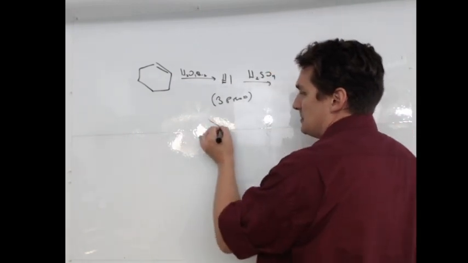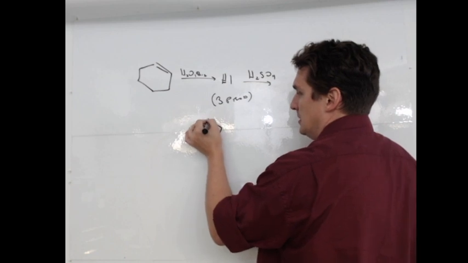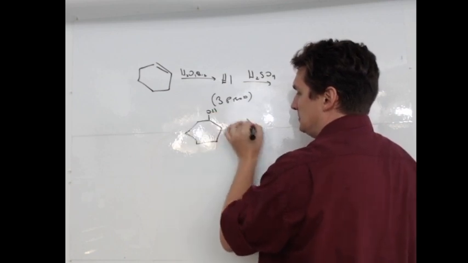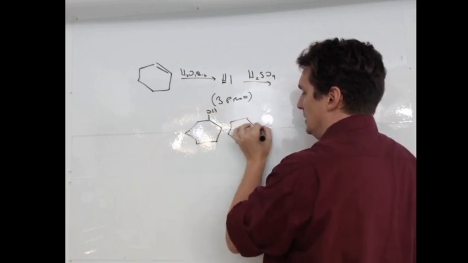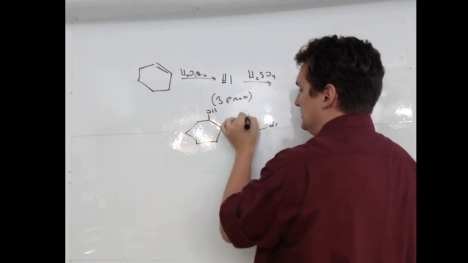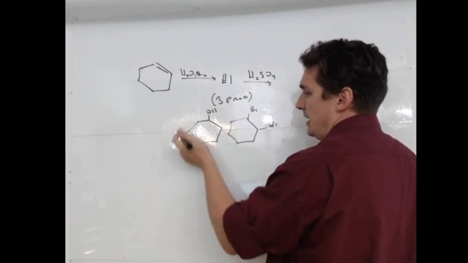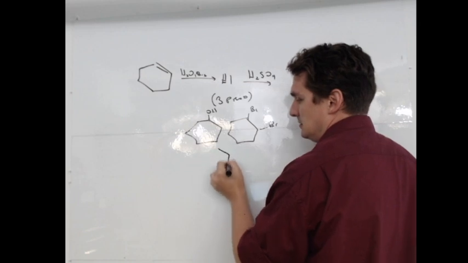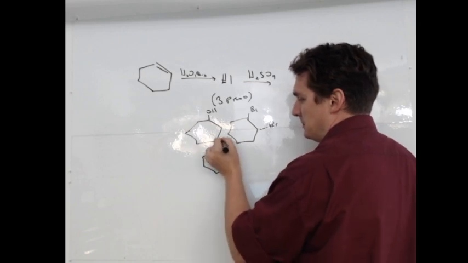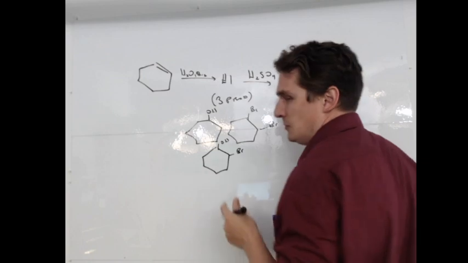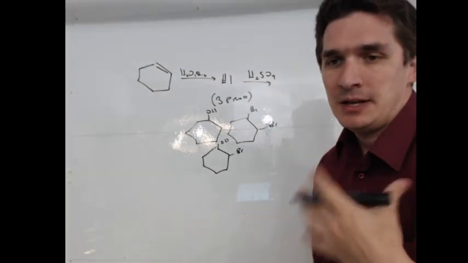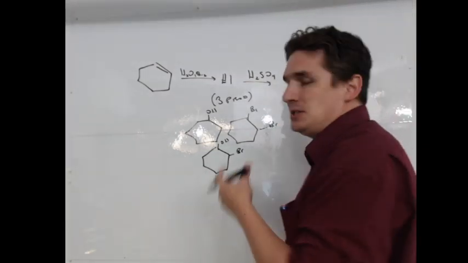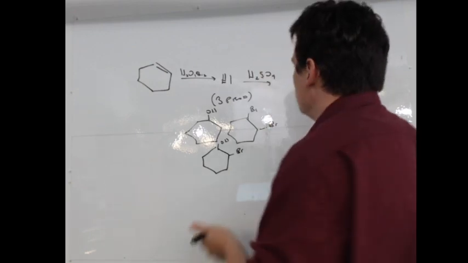There were 3 possible products here. You had the alcohol, you had this, and you had the intended product, which was the alkyl halide with the alcohol. Now, the H2SO4 is going to perform an elimination.